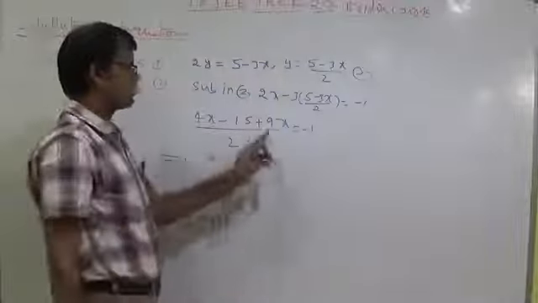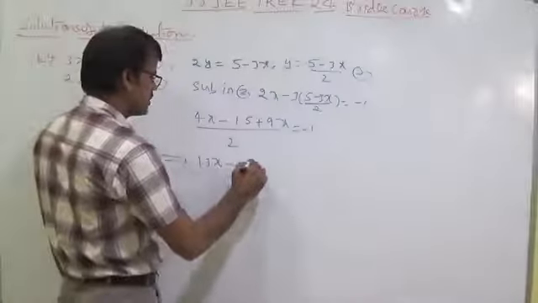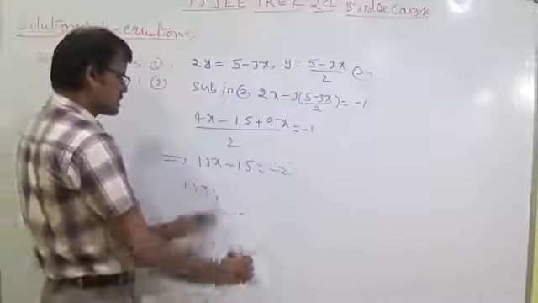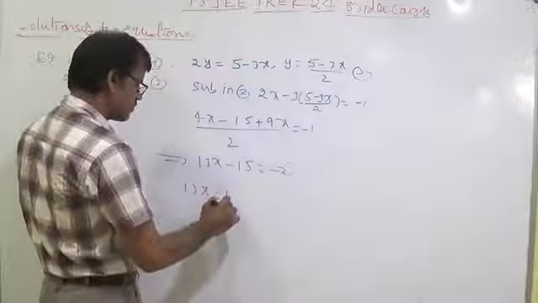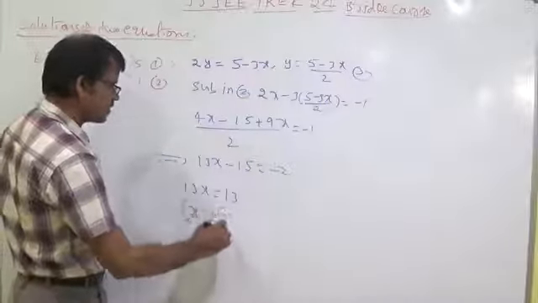Here we can write 4x plus 9x becomes 13x minus 15 is equal to minus 2. So 13x is equal to 15 minus 2, which becomes 13. So x is equal to 1.